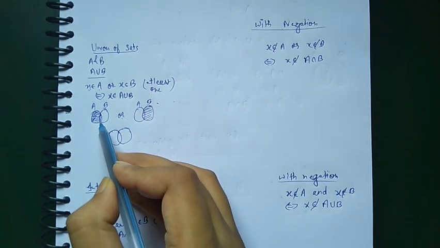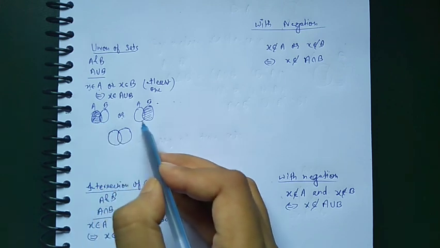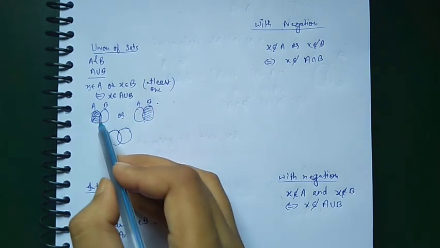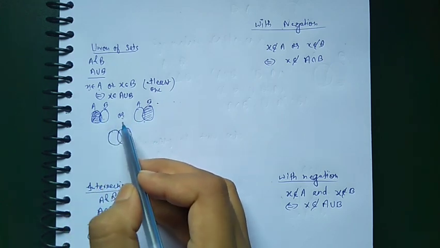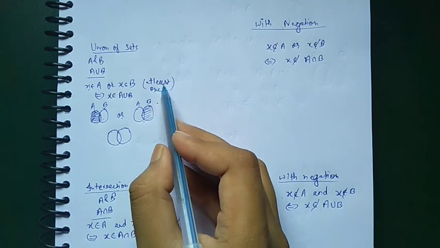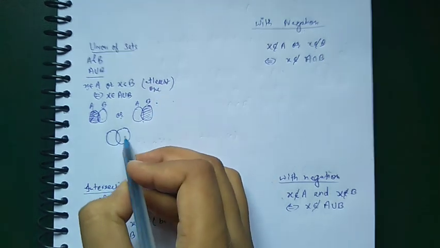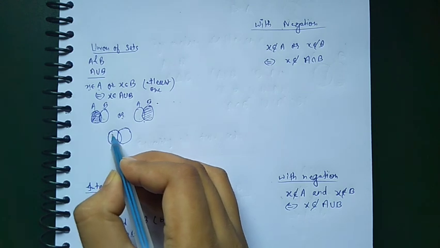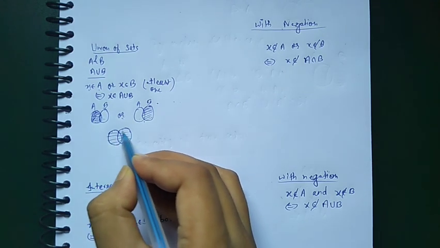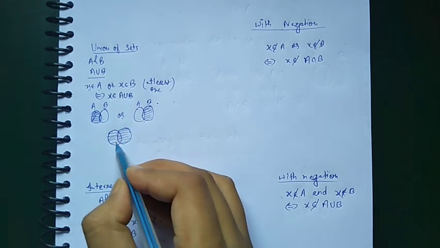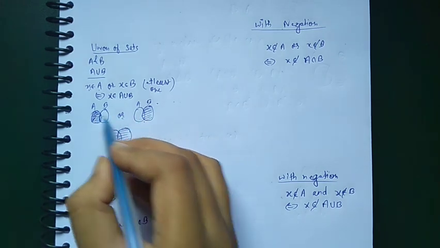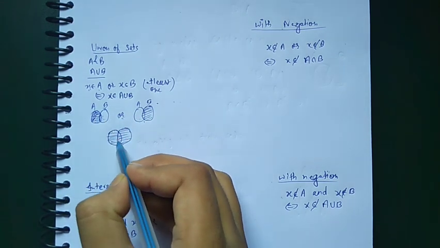as X can be in this shaded region or in this shaded region, at least one of these shaded regions will be true, because here it is "or" and it is implied by at least one. So if we consider the whole shaded region A union B and we take X anywhere in this shaded region, then one of these Venn diagrams will be satisfied.